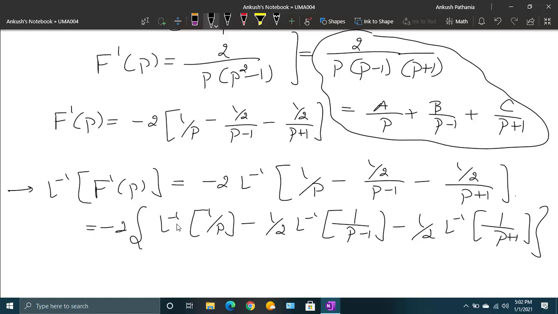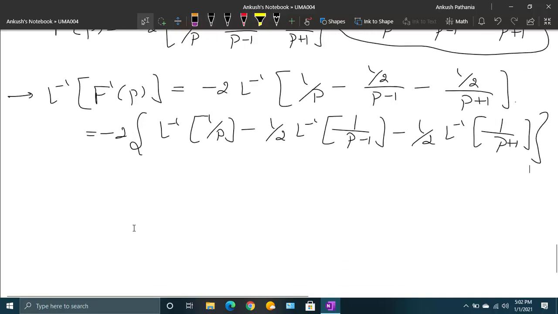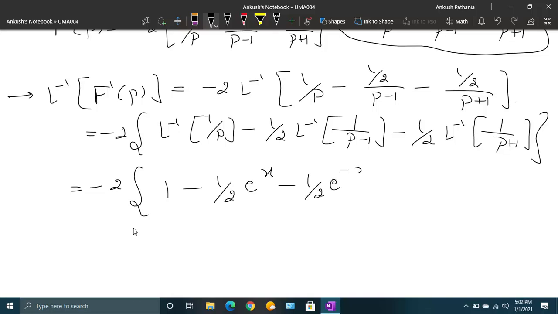This is how we take the Laplace inverse. Solving it, this is 1, this is e raised to power x, and this is e raised to power minus x. This is your equation number 2.